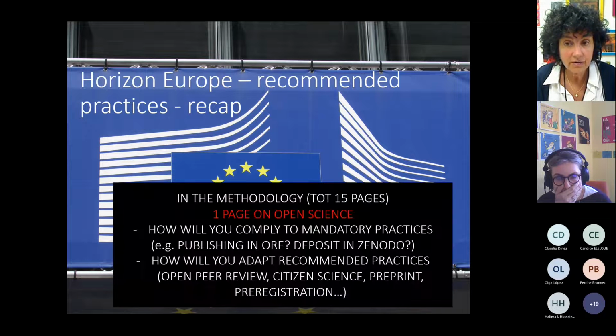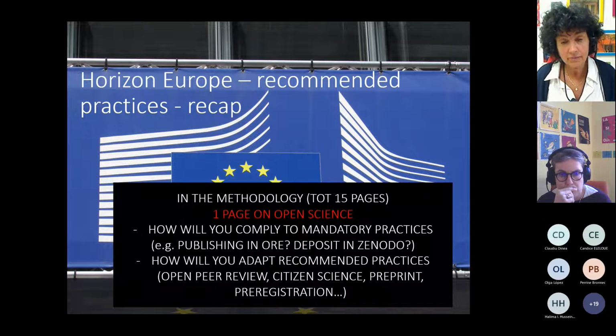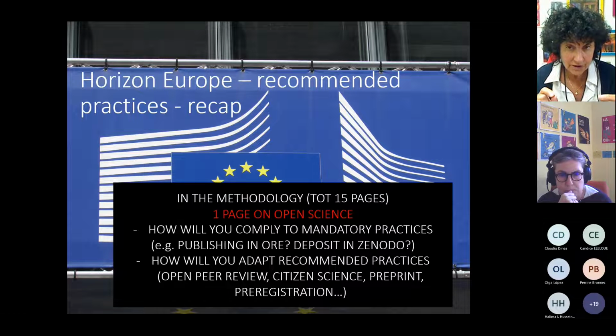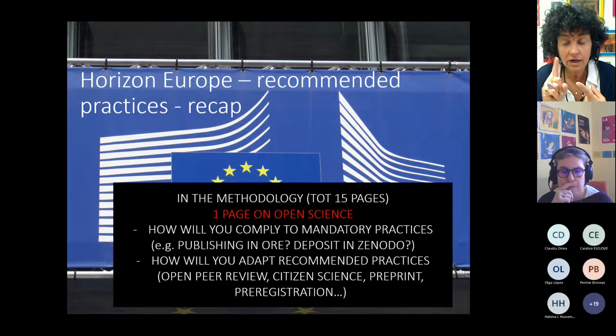So, a recap on recommended practices in the methodology section. The total is 15 pages. You have 1 page on open science to show the Commission how you will comply with mandatory practices. For instance, are you publishing in ORE? Are you depositing in Zenodo? Are you publishing in an open access journal?